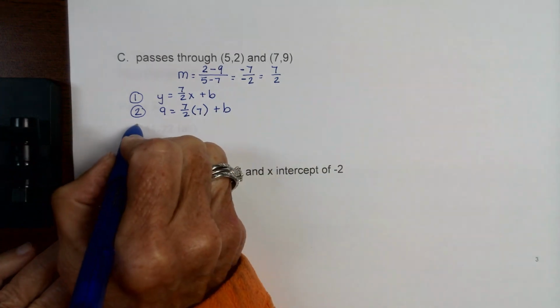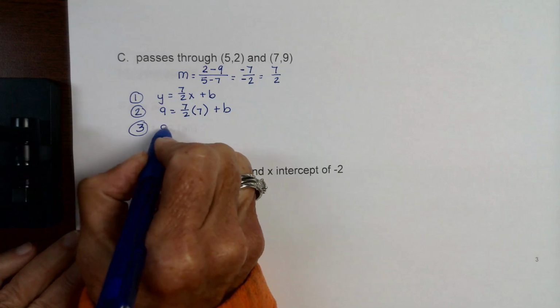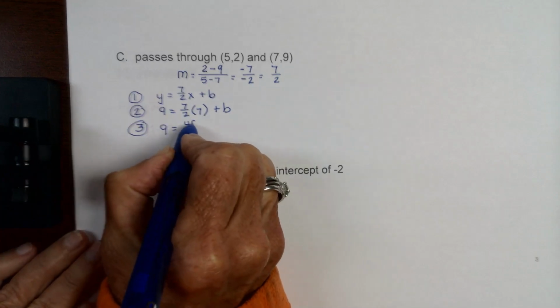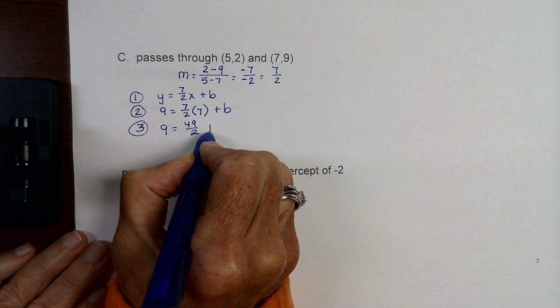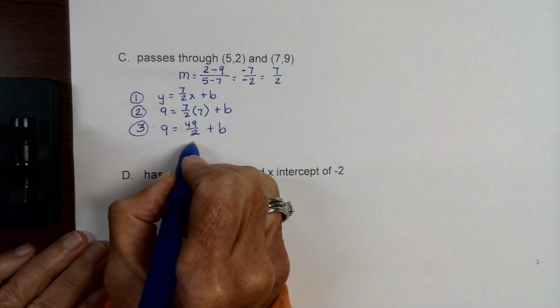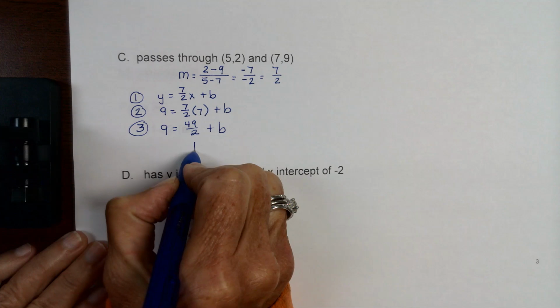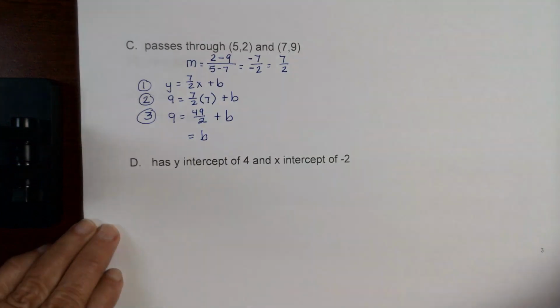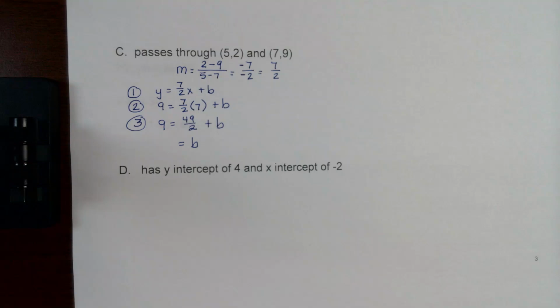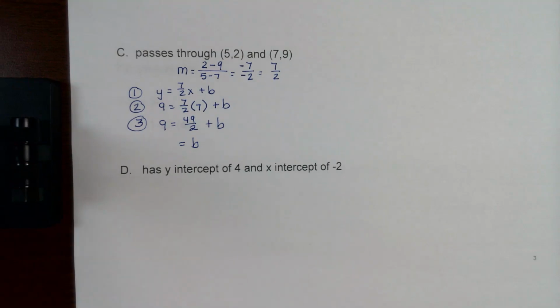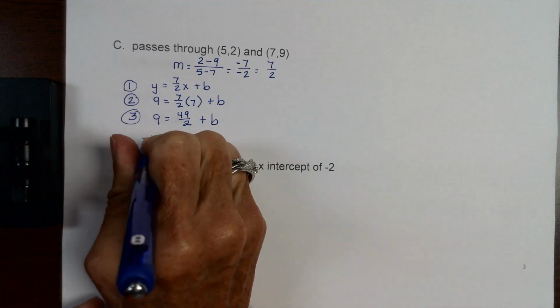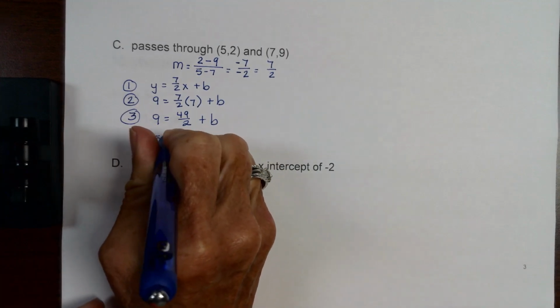And now I have to solve. So now I have 9 is equal to 49 over 2 plus b. I'm going to solve for b. So I'm going to go 9 minus 49 over 2, and it's going to give me -15.5.